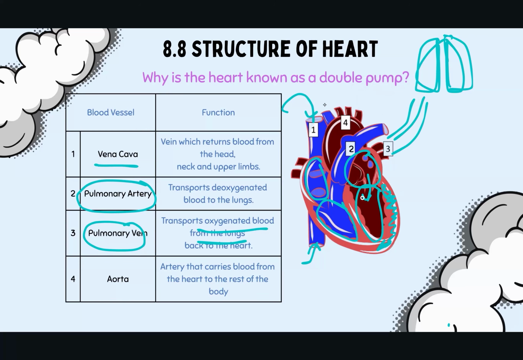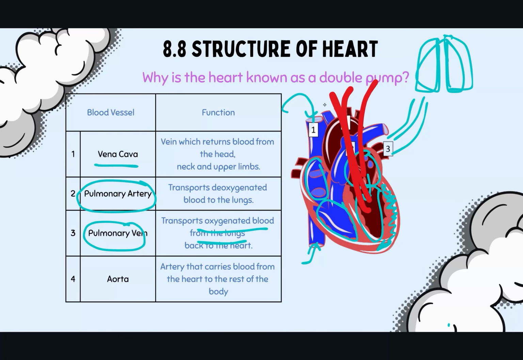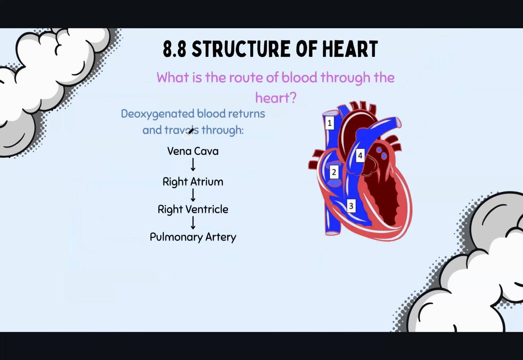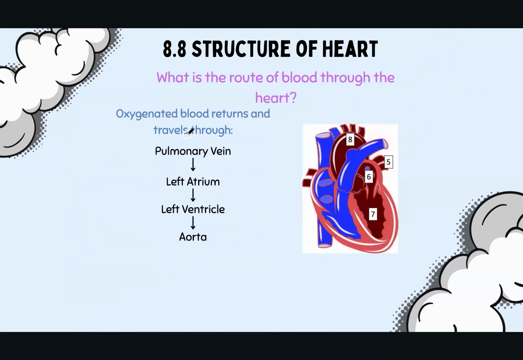The left and the right ventricles contract, and the blood is released into the aorta, which is an artery that carries blood from the heart to the rest of the body. So these four, it's important you know them inside out.